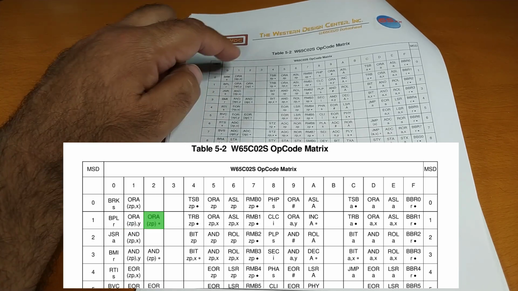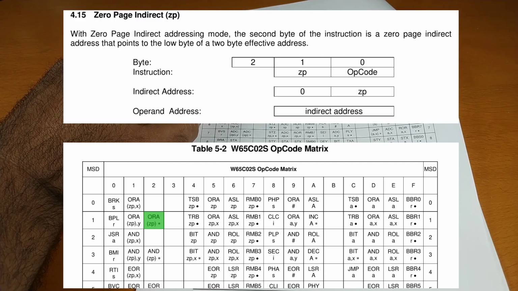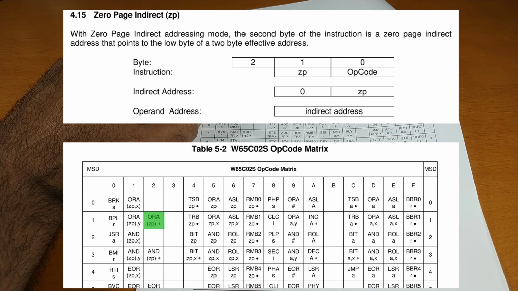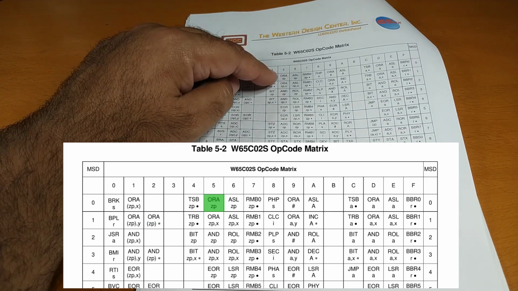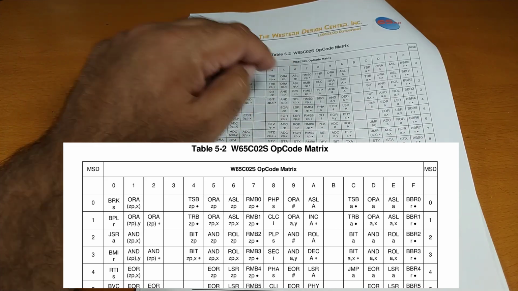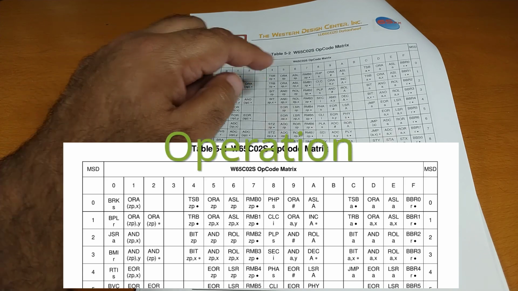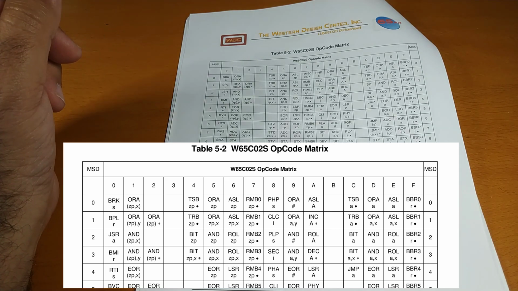And 12 is ORA, just taking a zero page address and using that as a pointer to where the address is. Furthermore, we see 05 is ORA, just an address in zero page, and so on. So we see the same operation appears in several places here, and it does the same thing except for where it gets the data from.